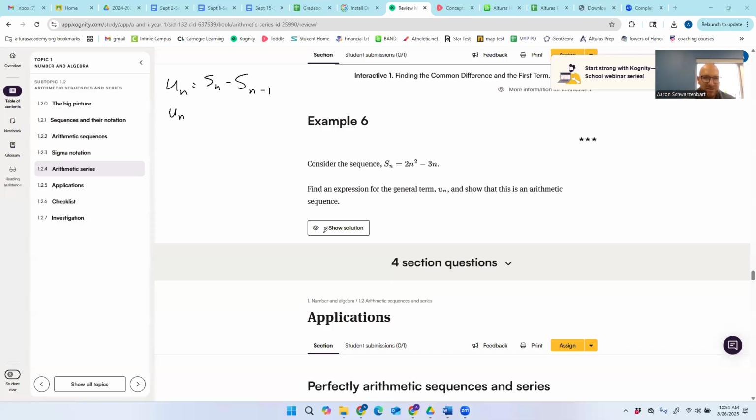So, consider this sequence. Well, I know S sub n. So much of this class is about being able to use formulas. Sn minus 1, I just plug in n minus 1. Okay. Nothing rocket science here. Now I just got to do some algebra.